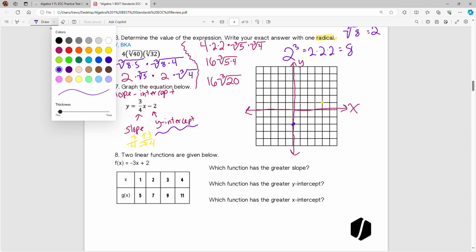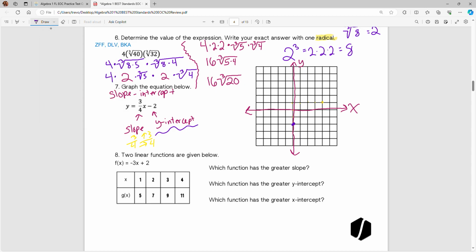And now I want my points to intersect. Okay, there we go.